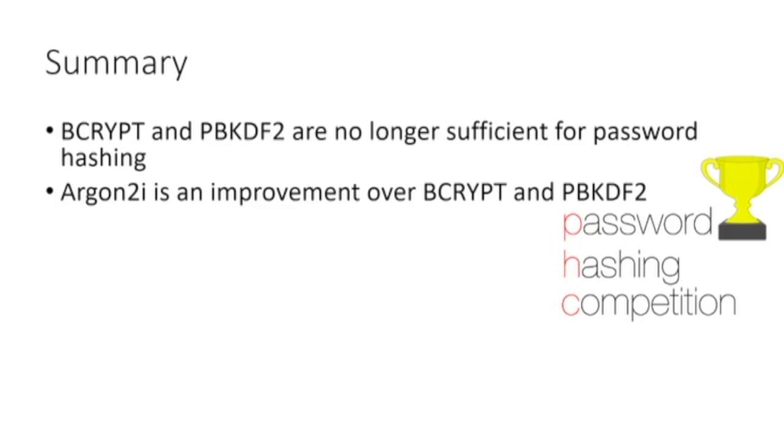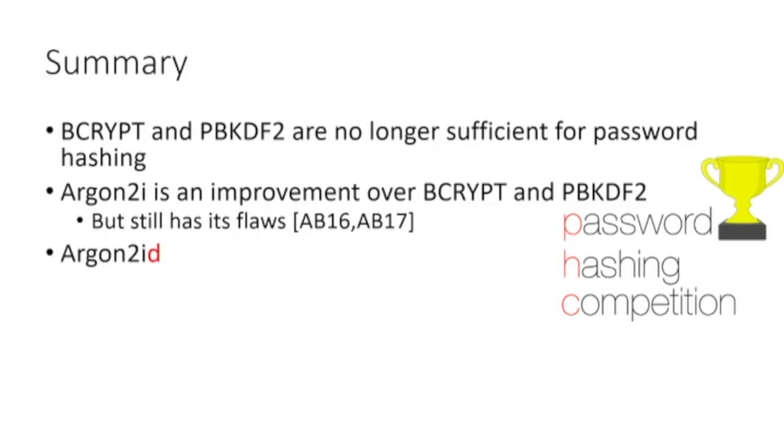So Argon2i, despite attacks, is still an improvement over bcrypt and password-based key derivation function 2, but it still does have its flaws. Argon2id is currently the mode of operation that the Argon designers are recommending.